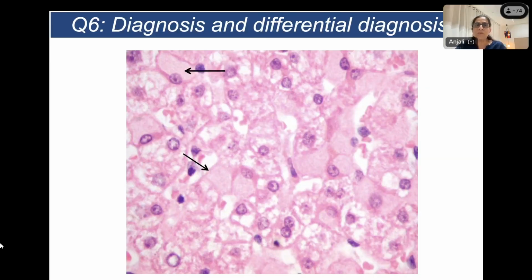Differential diagnosis of ground glass cells: it is most commonly seen in hepatitis B, and it can also be seen in drug-induced liver injury, glycogen storage disorders, or alpha-1 antitrypsin. No, alpha-1 is characterized by those globules.